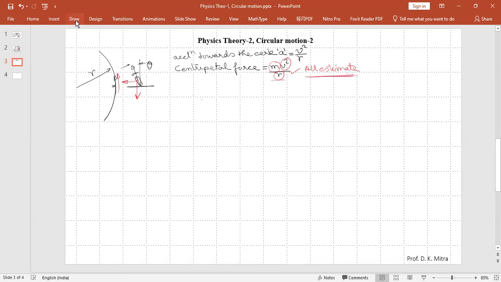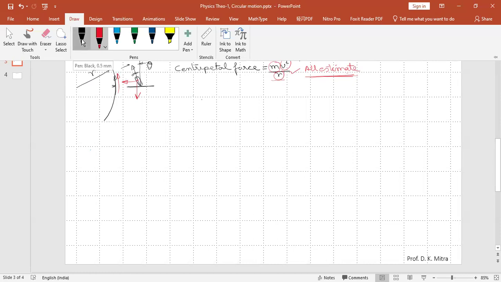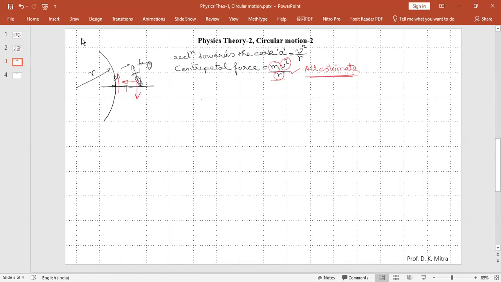Anyway, the road designers have found a solution to this problem. What they have done is, if you take a section of the road here, it is slightly inclined.